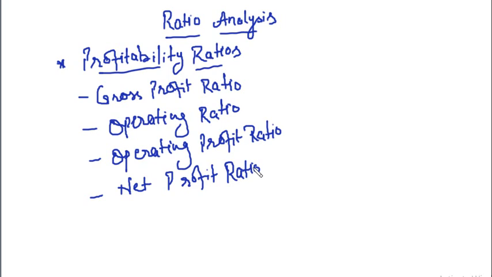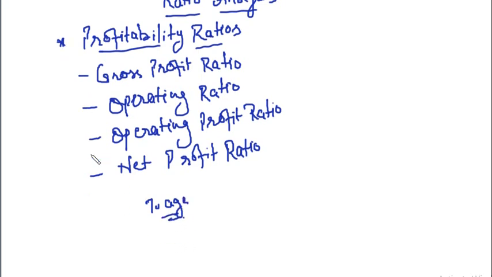So this is what we have been discussing in the gross profit ratio, the operating ratio, the operating profit ratio, and then the net profit ratio, right? These ratios are always expressed as percentage. Clear?